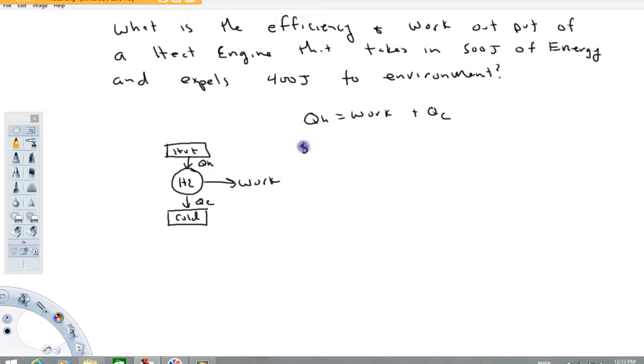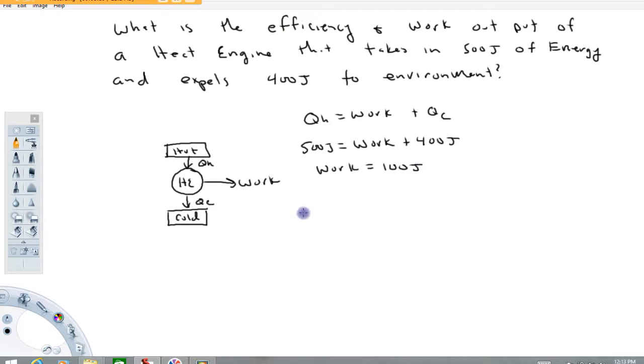So this reads 500 joules equals the work term that we do not know plus the Q sub C, which expels 400 joules to the environment. So the Q sub C here is 400 joules in this example. If we now solve this for the work term, we get 500 joules minus 400 joules, which is 100 joules.